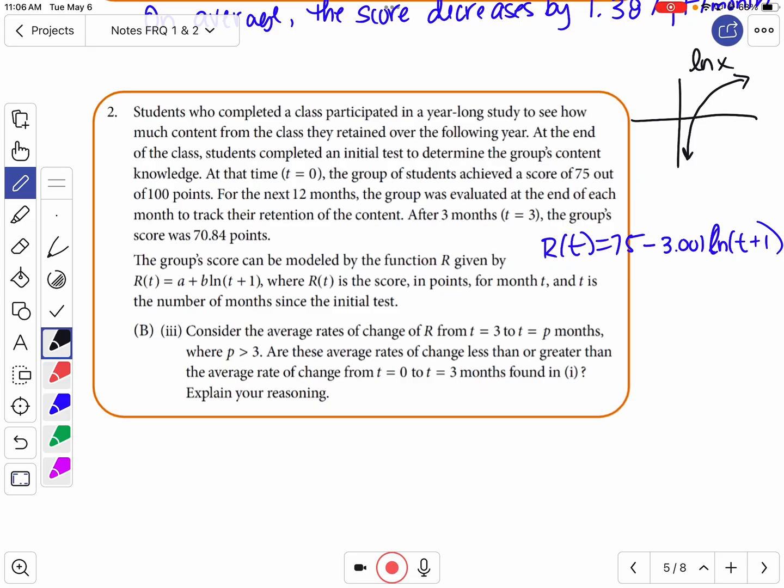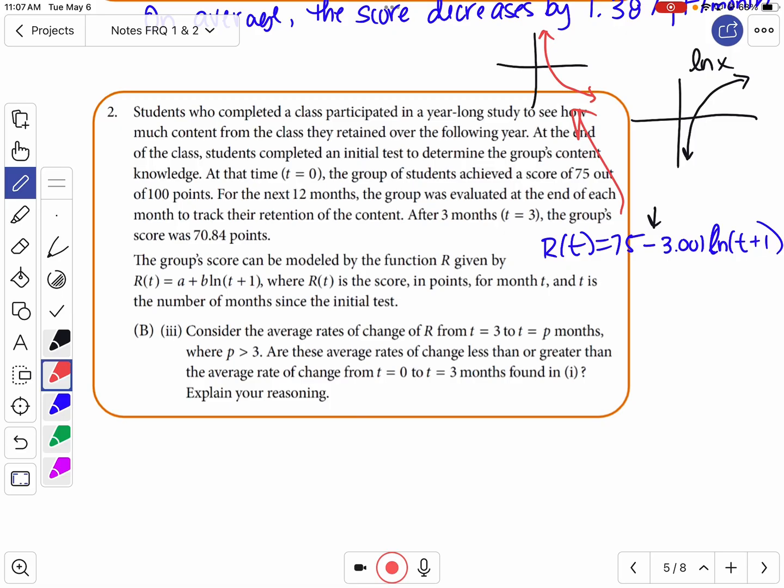Plus 1, we've scooted it back a little bit. But this negative in front is going to flip the natural log. So our equation is going to look more like this.